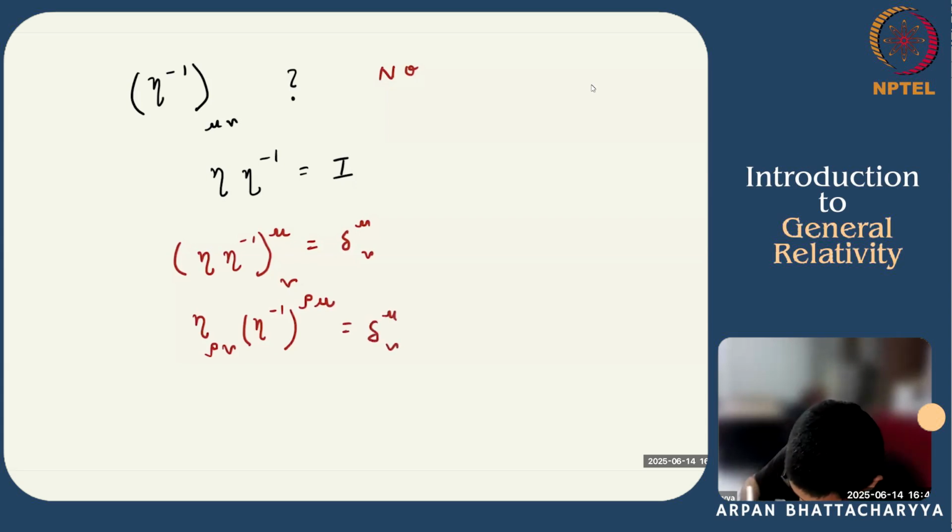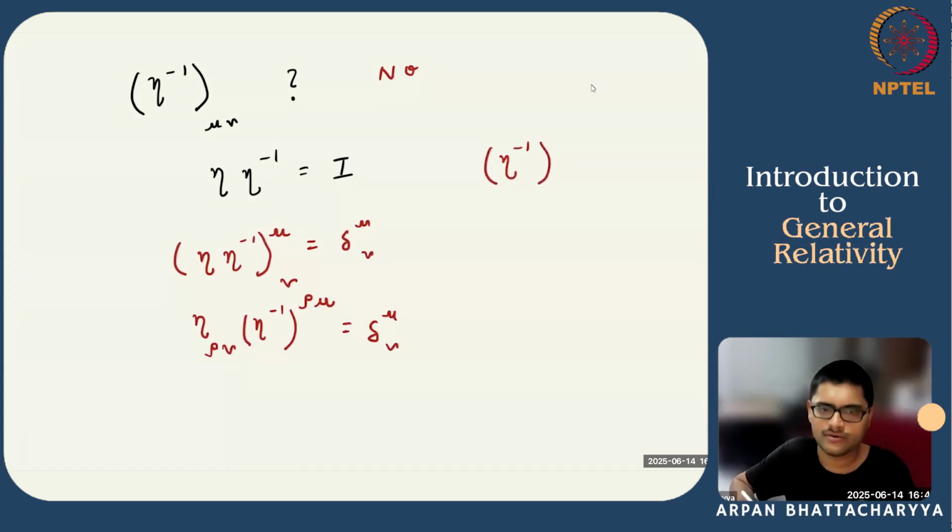Now from this we can see that the component of the inverse of the Minkowski tensor has two upper indices. So this is a component of a (2,0) rank tensor.